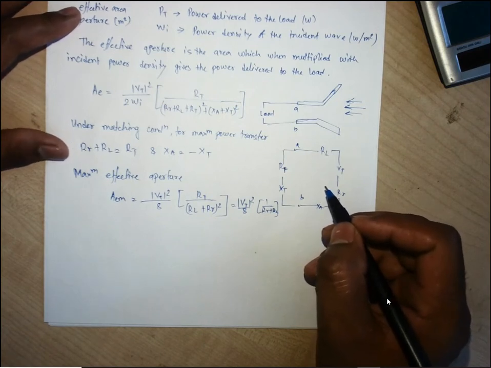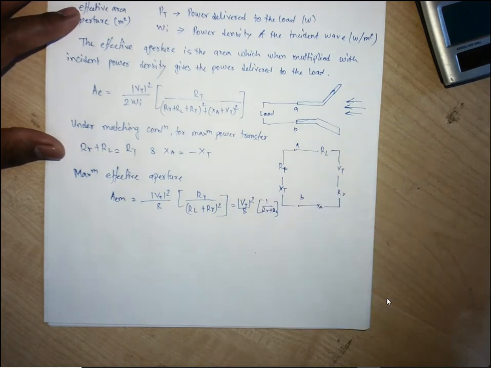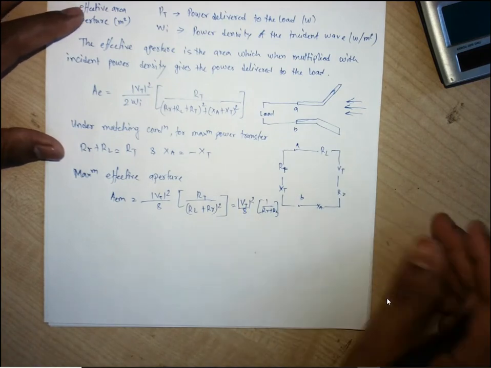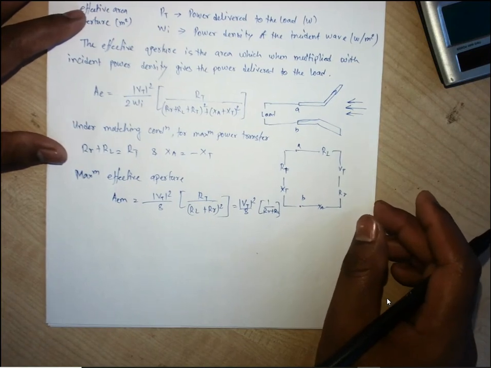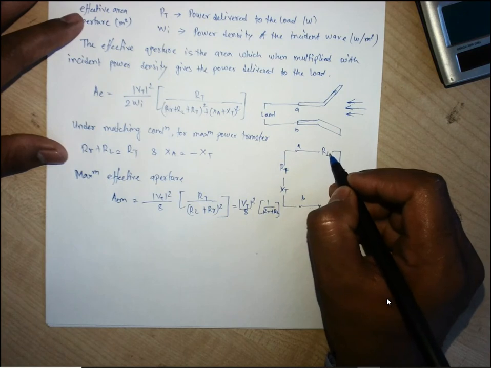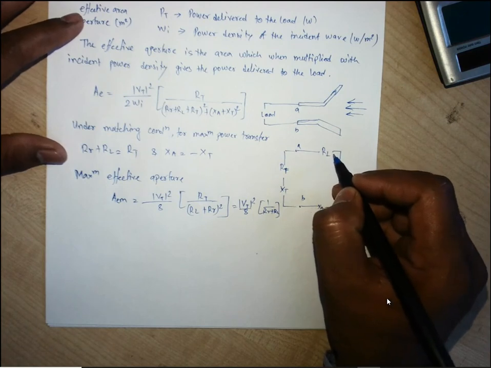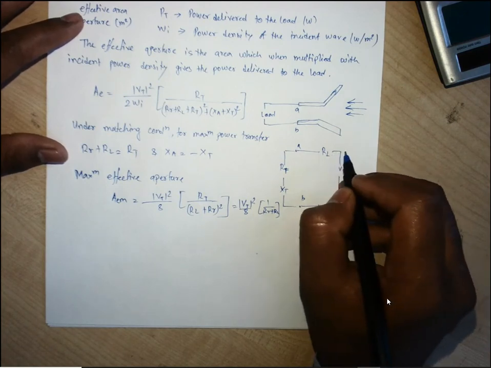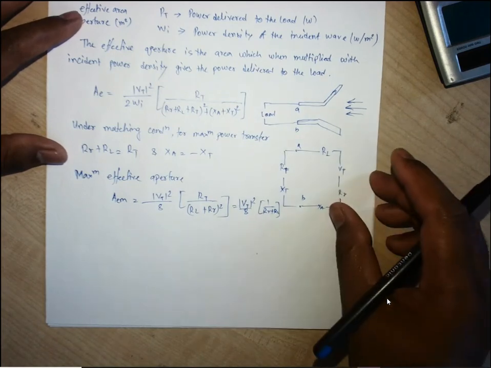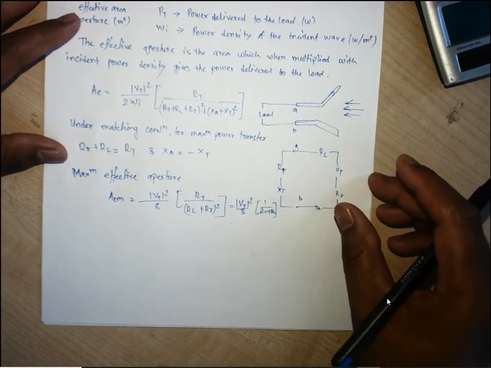For this scattered and dissipated power, we can also define certain areas, because that area is always associated with the induced voltage and the resistances of the antenna. So if RL is there, dissipating some power, that also includes some area. The scattered power, this RR, also takes into consideration a certain area.